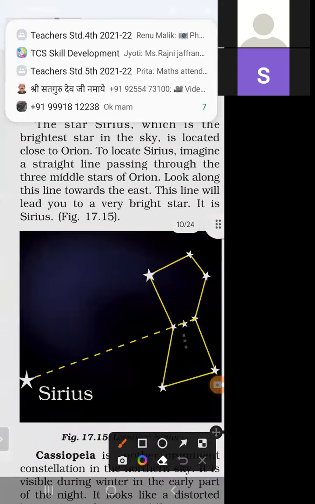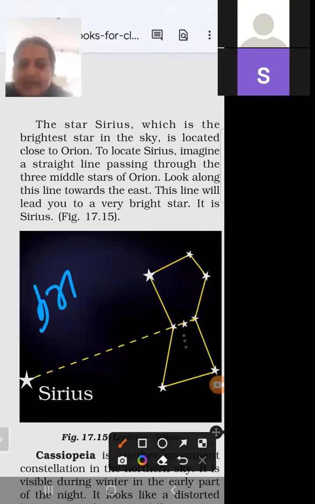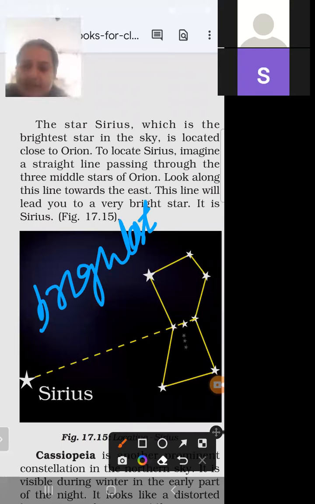It is the brightest star in the sky, and you can locate it with the help of this constellation.